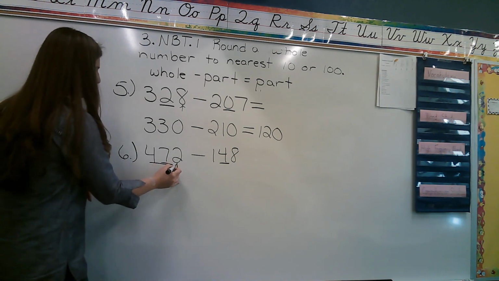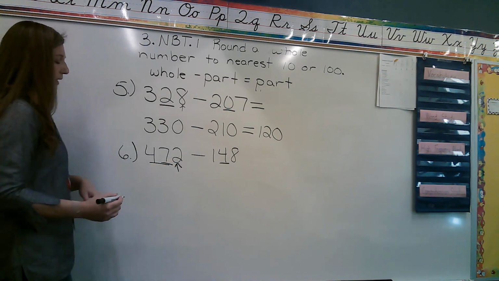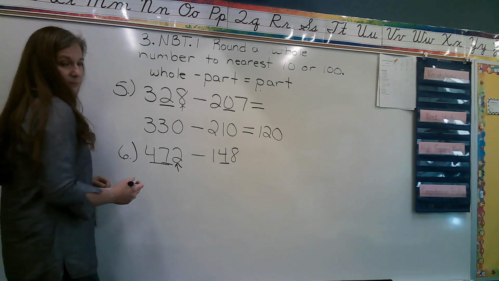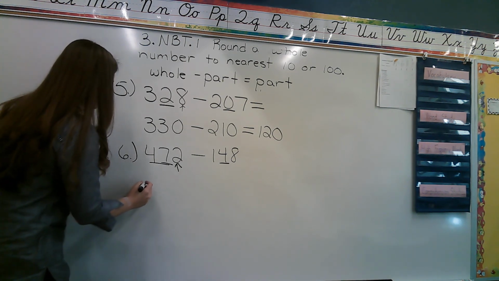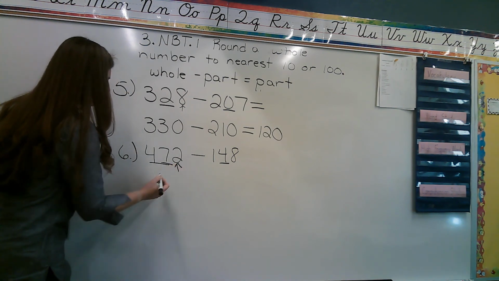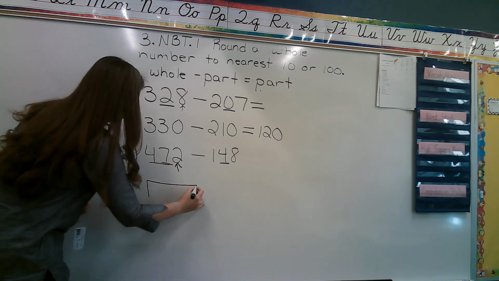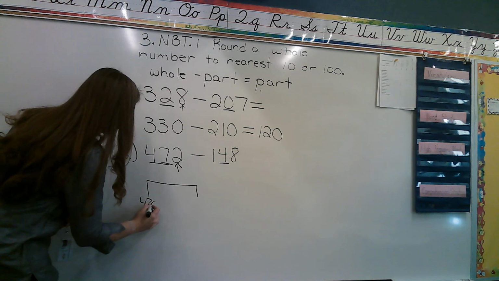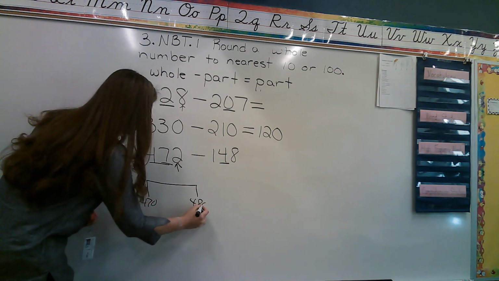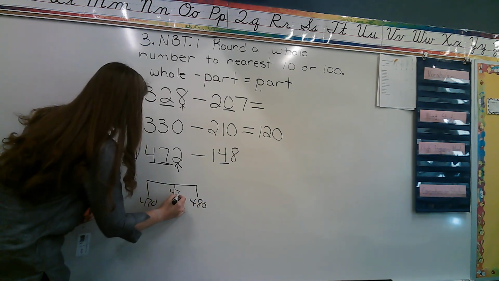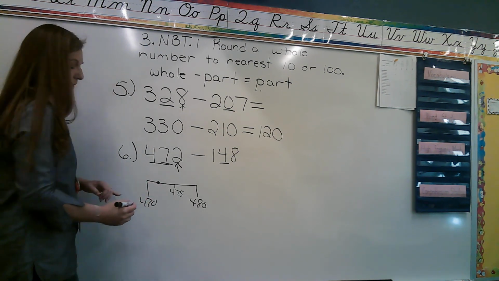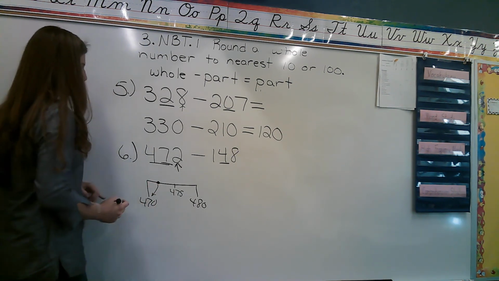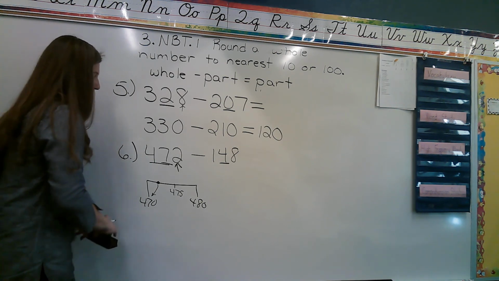So we look at our ones place. We know that 475 is in between 470 and 480. We know that if 475 is in the middle, 472 might be right around there. We're going to round it to 470.